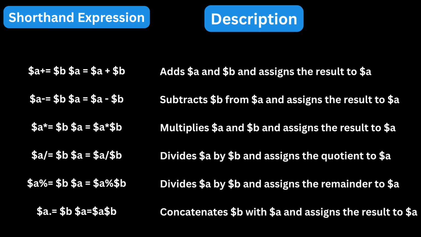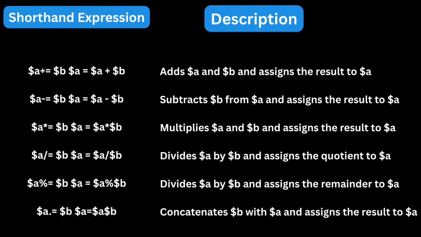Internally, PHP treats $a += $b exactly the same as the longer form $a = $a + $b. The original value of $a is taken, $b is added to it, and the sum replaces the old value inside $a. In the same way, $a -= $b is shorthand for $a = $a - $b. It subtracts $b from $a and stores the difference back into $a.